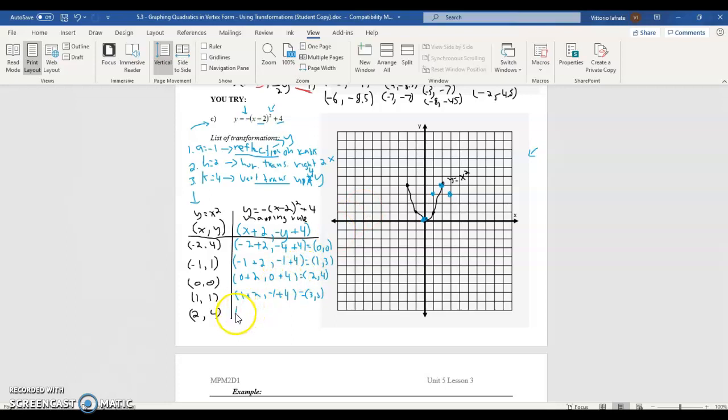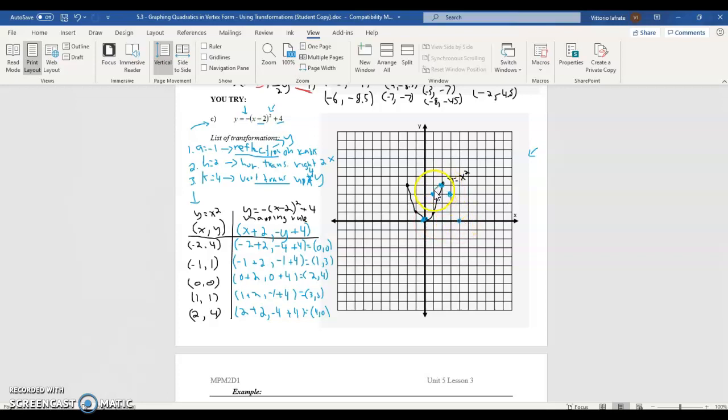And then finally we have 2 plus 2, and then negative 4 plus 4, which gives us 4, 0. So 1, 2, 3, 4, and then 0.